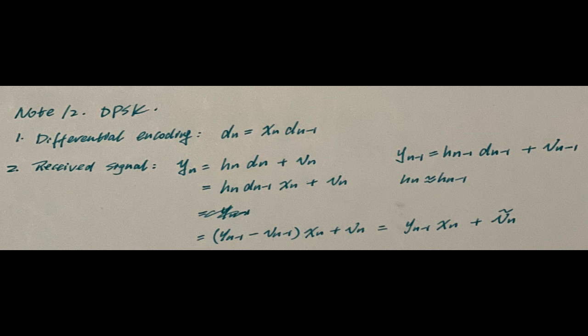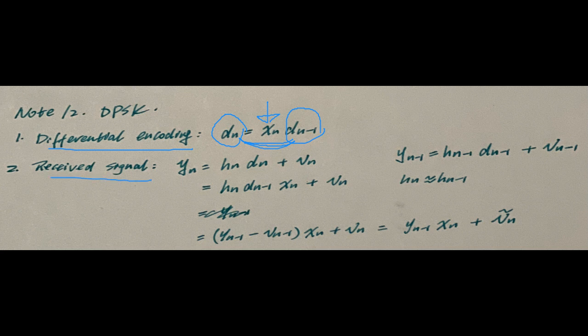So how do we do that? First of all, as a transmitter, we need to do differential encoding. This is the previously transmitted signal, and this is the current transmitted signal. We modulate binary bits onto the change between every pair of transmitted signals.